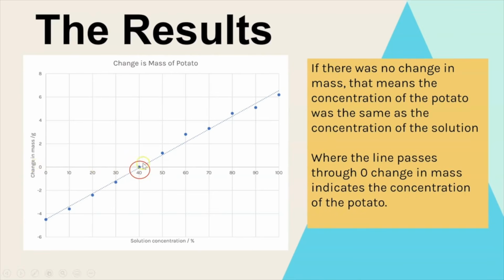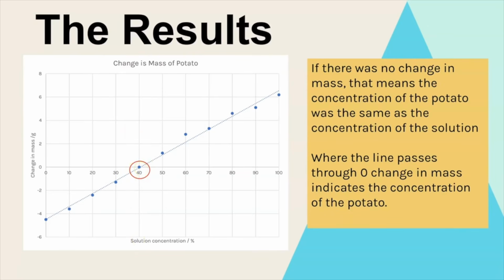Because where our line intercepts 0 on the y-axis, which I've circled here, that means that there was no change in mass, so no water was moving in or out of the potato, and that must be because the solution the potato was in is exactly the same concentration as the potato itself. So in this example, that would mean that the potato's concentration was 40%.